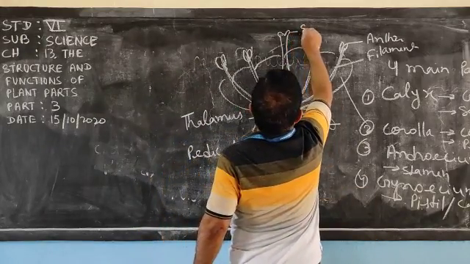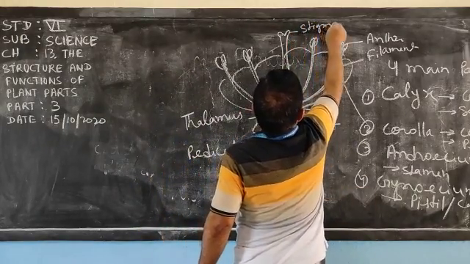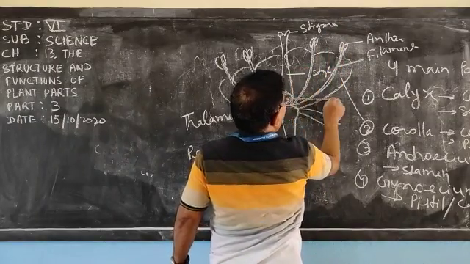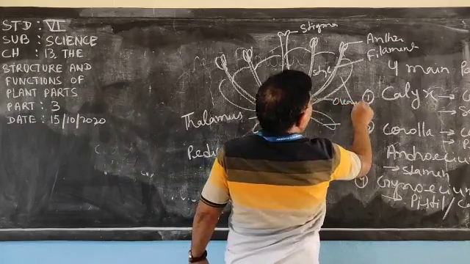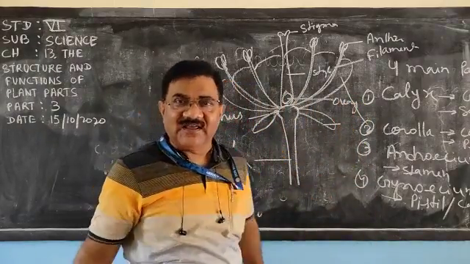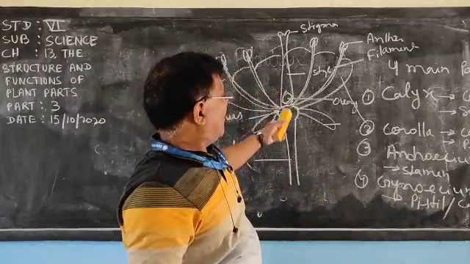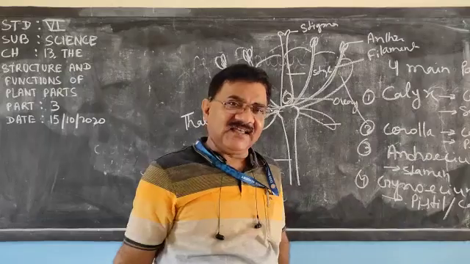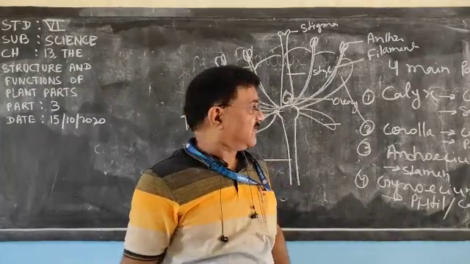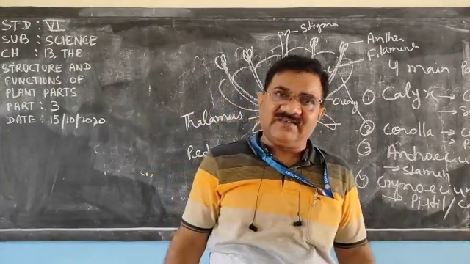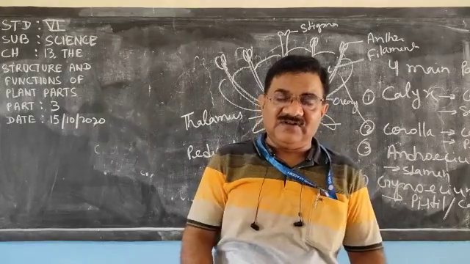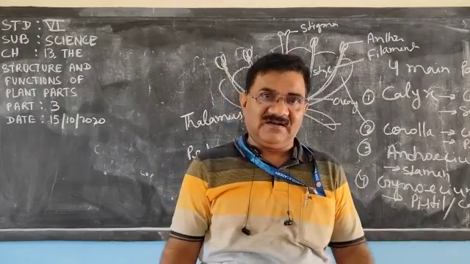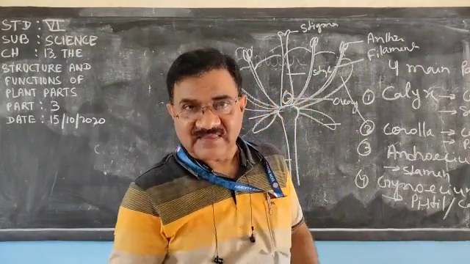This one is the stigma, the middle part is called the style, and the lower part is called the ovary. So stigma, style and ovary are the three parts of the pistil or carpel. One unit is a pistil, and the whole is called gynoecium. So it was about the flower. Dear children, in the next video we will discuss the rest of the parts. Today up to this much. Thank you very much.